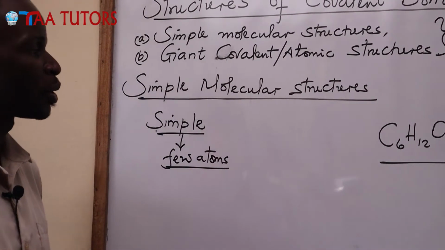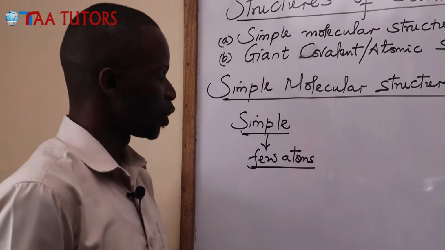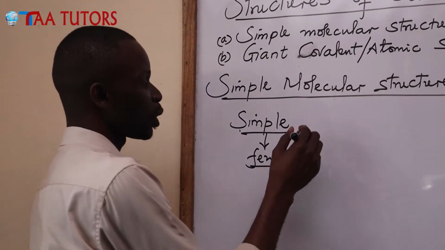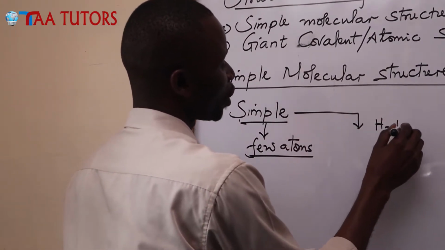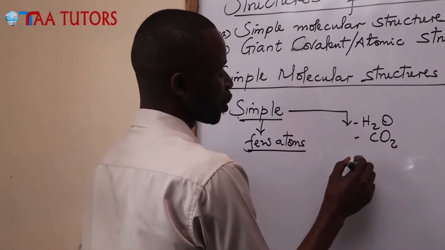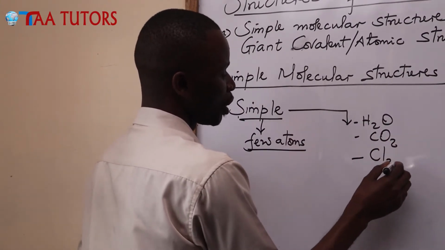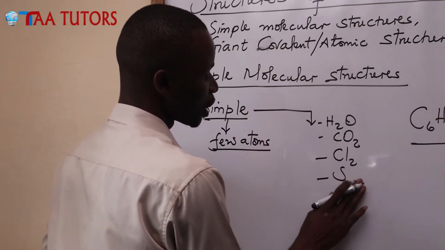Giant, we are talking about millions and millions of atoms coming together. So in simple molecular structures we talk about simple things like water with 3 atoms only. We talk about carbon dioxide, chlorine, and sulfur. We know sulfur as S8.